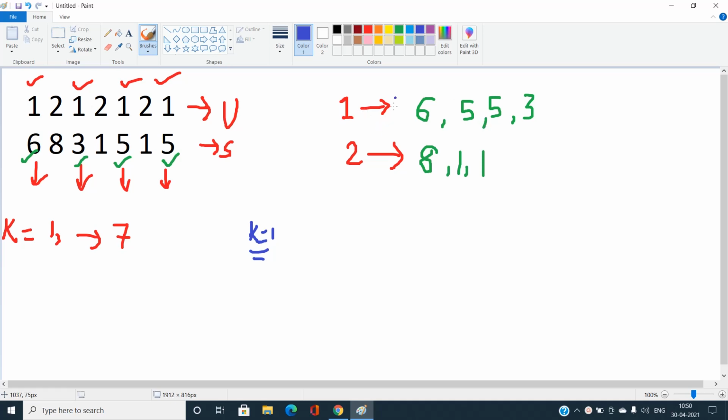If I'm talking about the first team, I'm going to send this one and this one. So team 1 would be the pair 6 comma 8, and from every university I'm sending only one person. Again this one and this one, the second one would be 5 and 1, and my next one would again be 5 and 1.